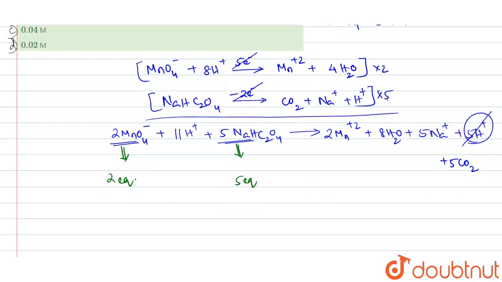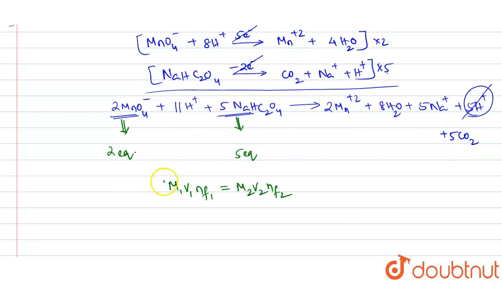So we can set up another equivalence relation like M1V1NF1 is equal to M2V2NF2. Here the M1V1NF1 side is for KMnO4, and this side is for the other one, that is NaHC2O4.